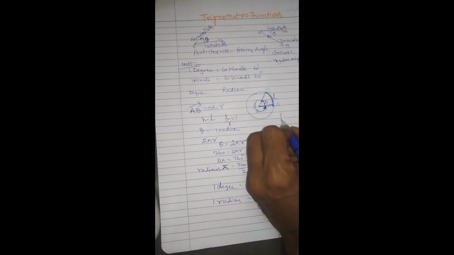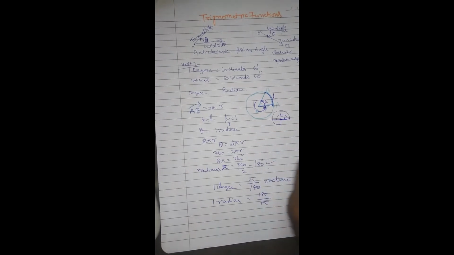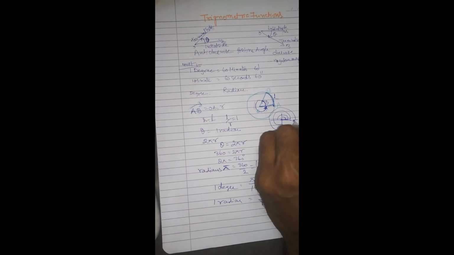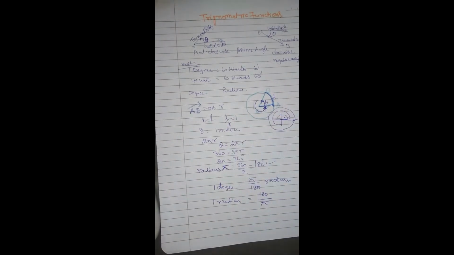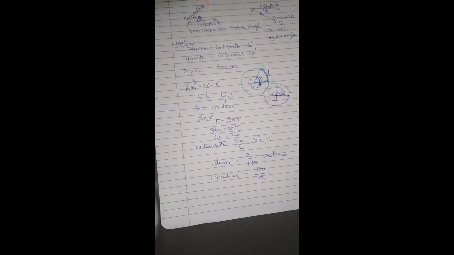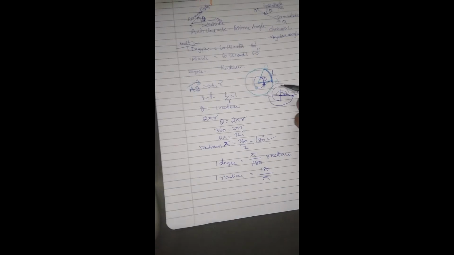You know, this is generally 90, this is 180, this is 270, and this is going to be 360. Similarly, I have taken 360 like this. Now, so far you have studied everything in terms of 90 degrees, 30 degrees, 45 degrees.